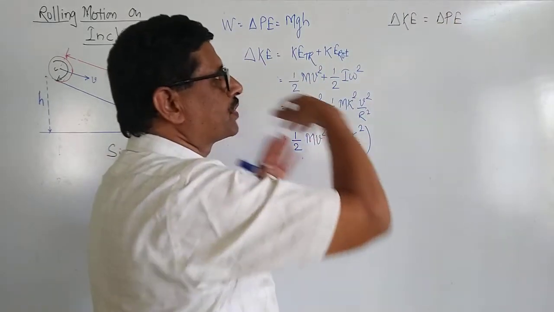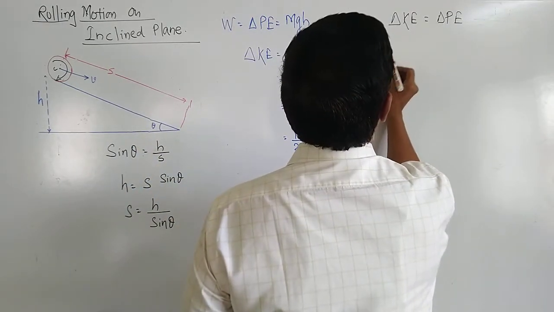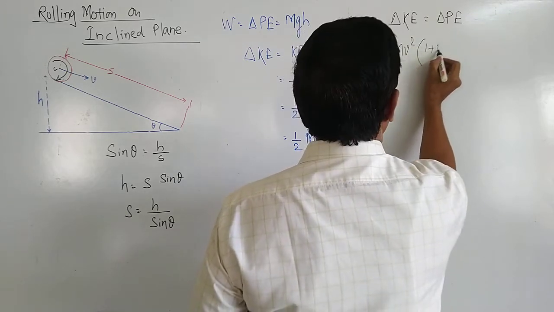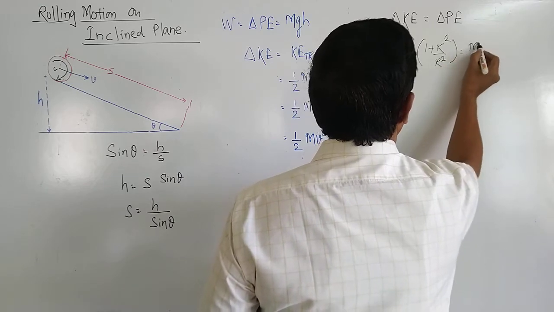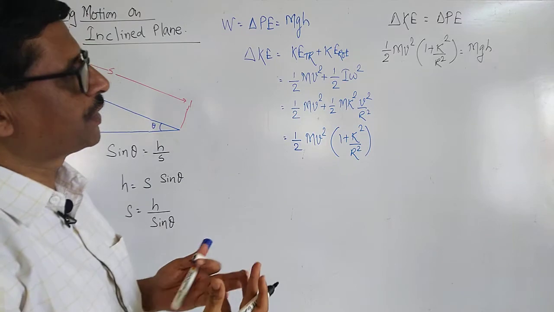So half of m into v squared in the bracket 1 plus k squared divided by r squared is equal to mgh. This is the relation we get.